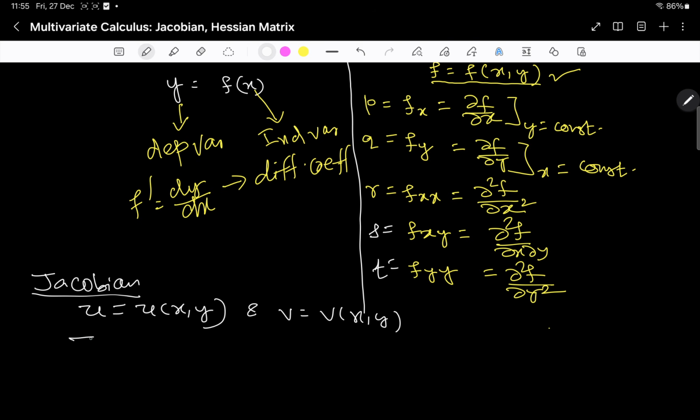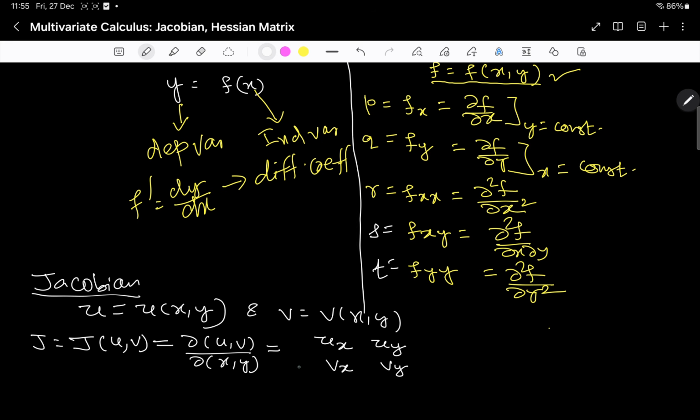Suppose I want to find the Jacobian here, the Jacobian J, or Jacobian J of u, v, or in short I find the J here, and I can denote it del u v by del x y. Okay, and it is given by the determinant: u differentiated with respect to x, u differentiated with respect to y, v differentiated with respect to x partially, and v differentiated with respect to y, and we find the determinant of this, and this will be my Jacobian.